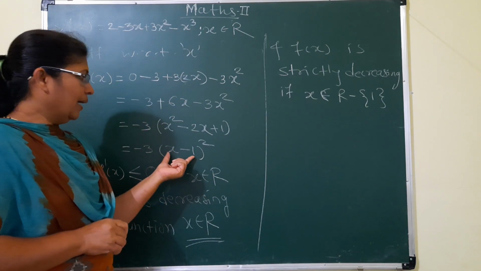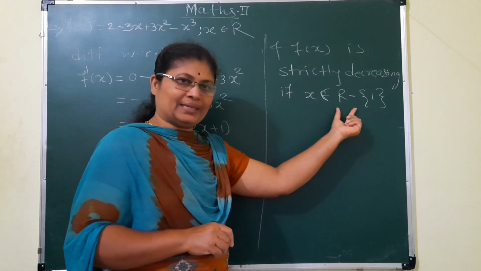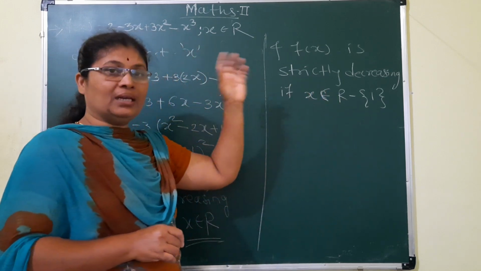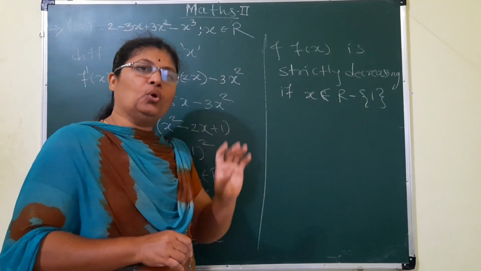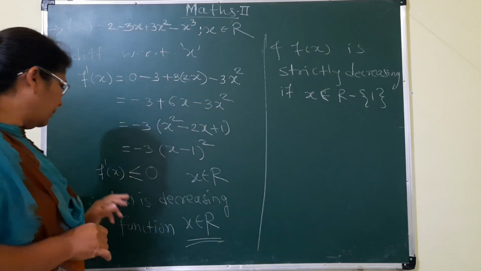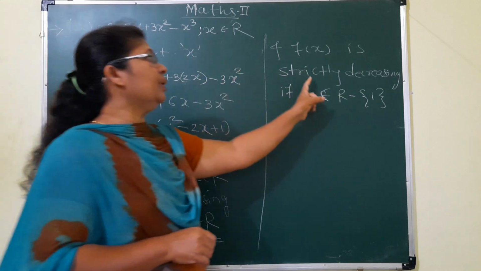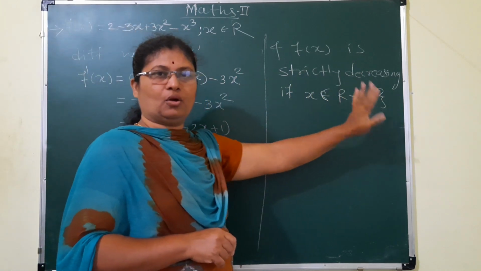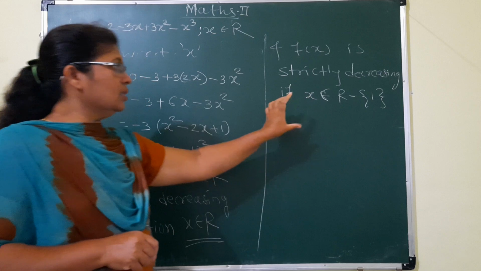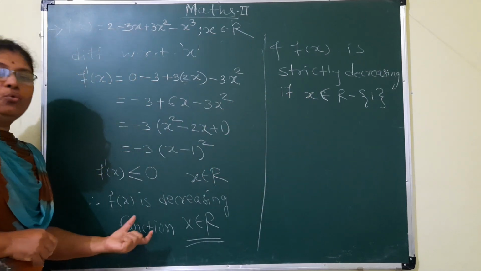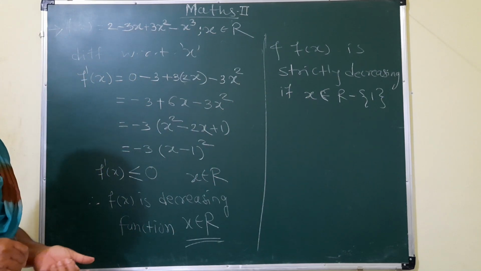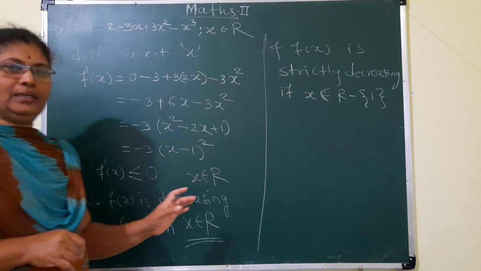Therefore, I will eliminate that value from my set, and then the remaining values of x will give me f dash of x strictly less than 0, and therefore the function will be strictly decreasing. Got it? Okay. This is how to find whether a function is increasing or decreasing.